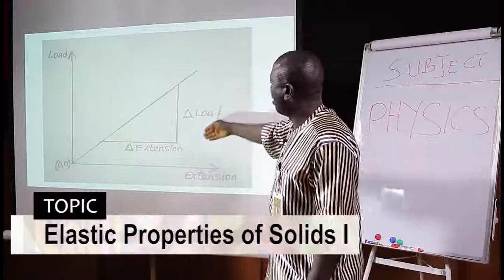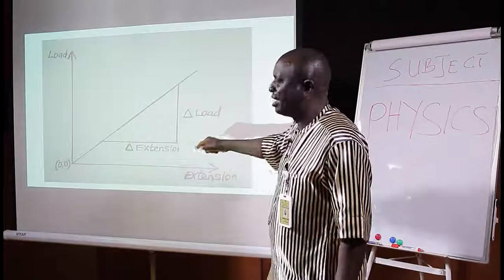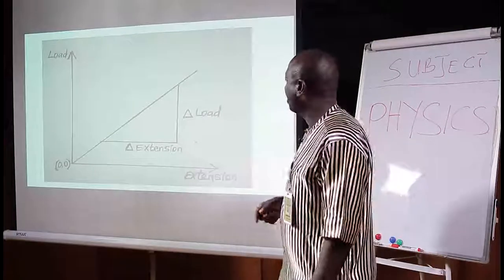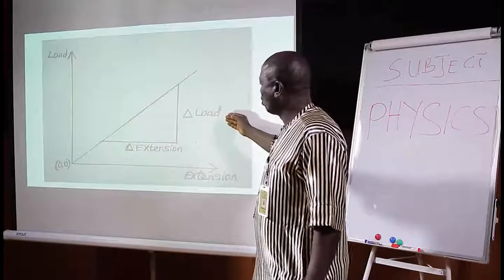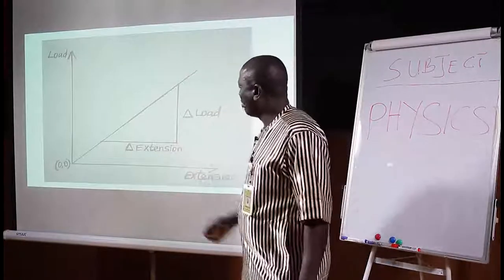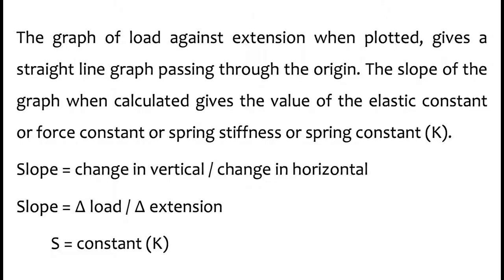Now, we have our triangle here, which signifies the slope of our graph. Along the vertical, we have change in load. Along the horizontal, we have our change in extension. The graph of load against extension when plotted gives a straight line graph passing through the origin.